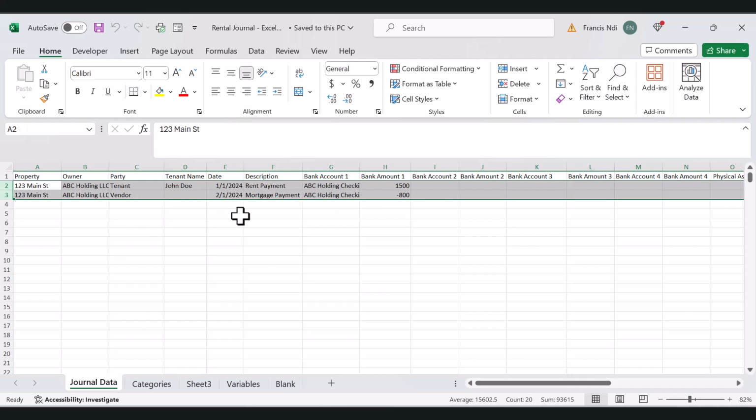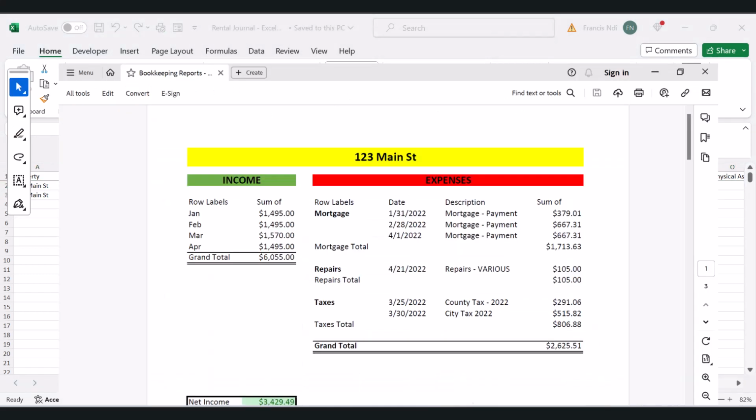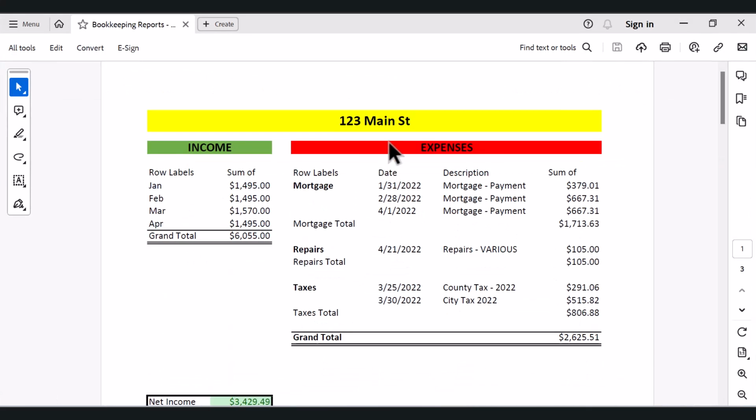Now that you've had access to this data, you can proceed to run reports. One of the simplest and most important reports for real estate businesses is the profit and loss report, which I have an example of over here for this property. The profit and loss report shows you the sum, the collection of the incomes over a period of time that came into the business.